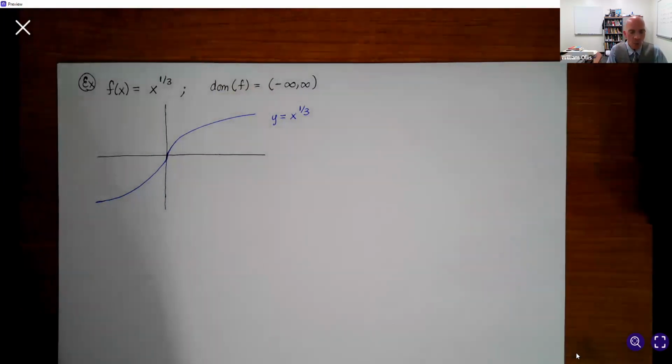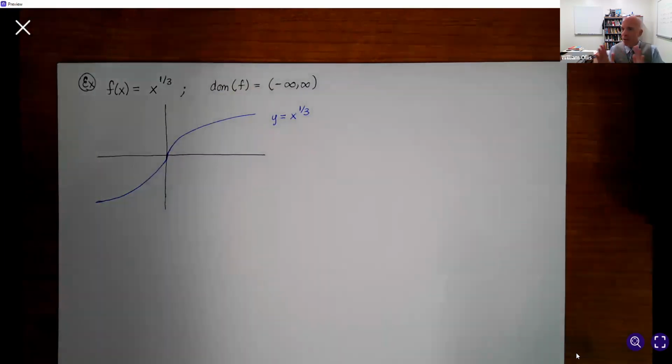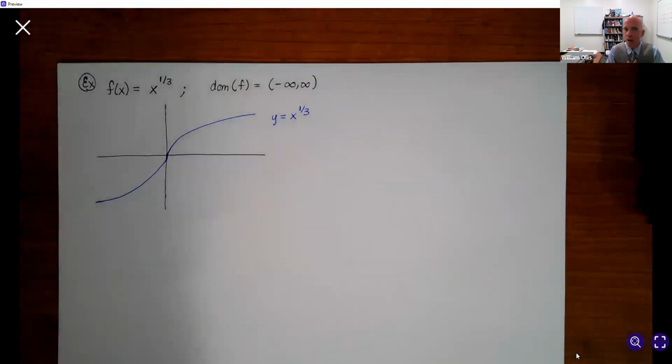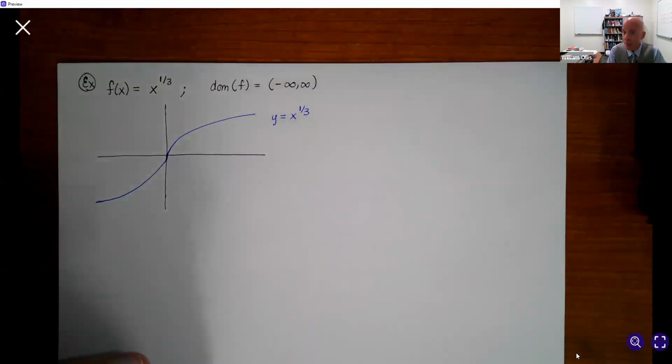And then, of course, in the prerequisite courses, we move it around, so to speak, right, left, up, down. Maybe we compress it, stretch it. In a more advanced course in pre-calculus, we can do rotations. The idea is that this becomes a building block curve.